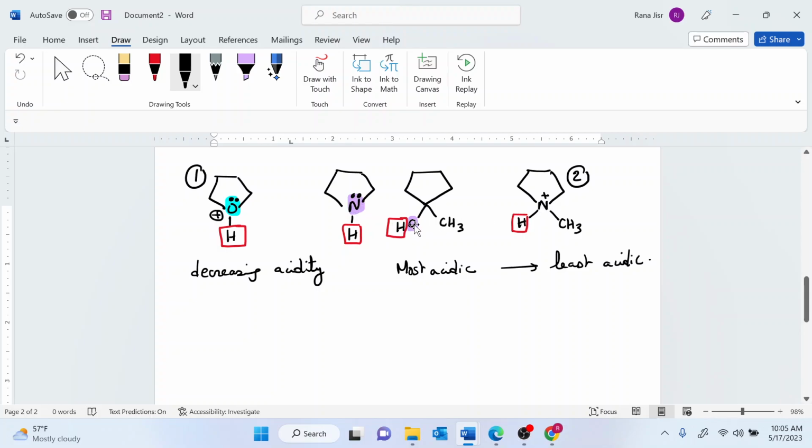Because nitrogen and oxygen belong to the same period, I need to look at the electronegativity. The one which is more electronegative is the most acidic. So this one is going to be the third, and the least acidic is going to be the hydrogen that is connected to the nitrogen.